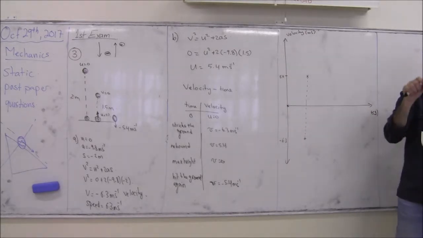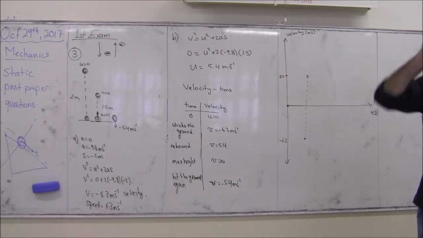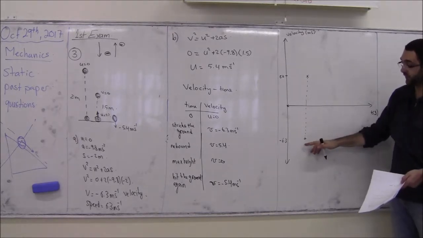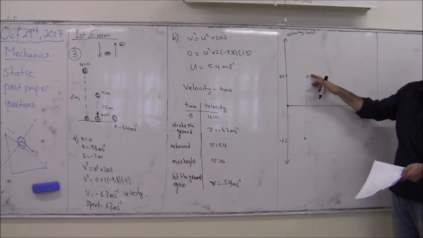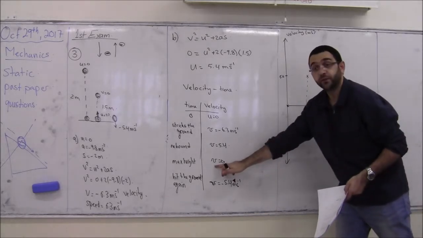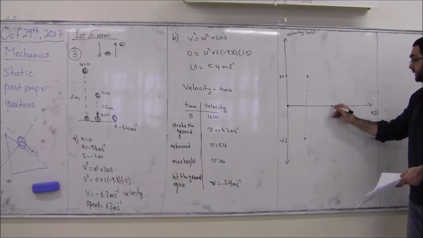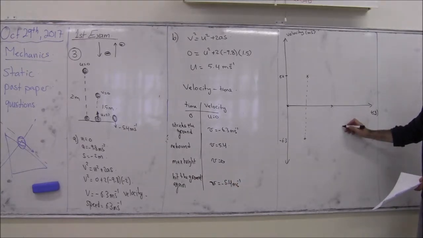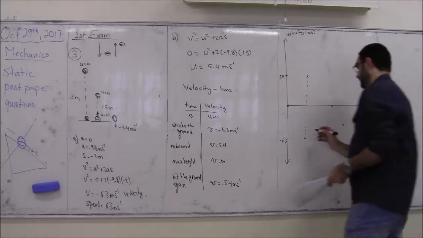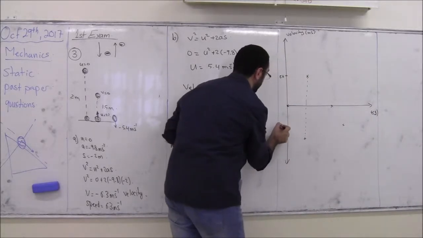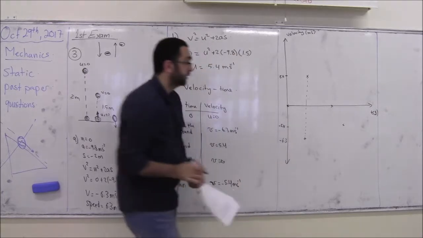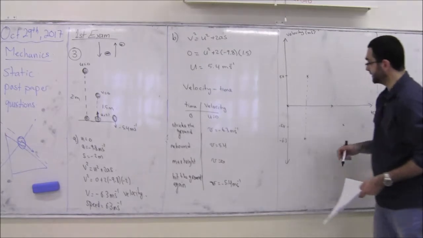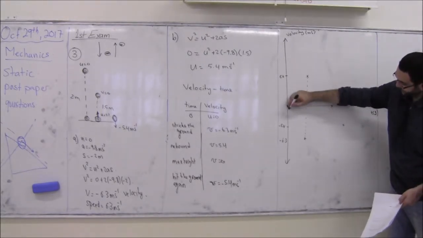Immediately, at the same moment, its speed changes from 6.3 to 5.4. Then 0 and 0. Then negative 5.4 here somewhere. Minus 5.4. I just plot the points, then connect them.